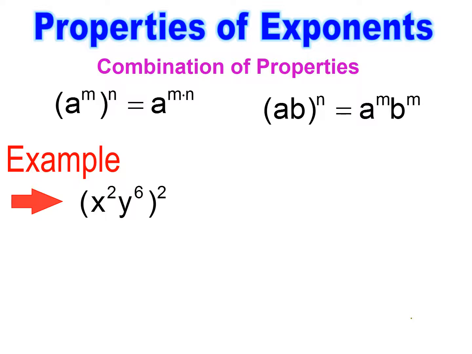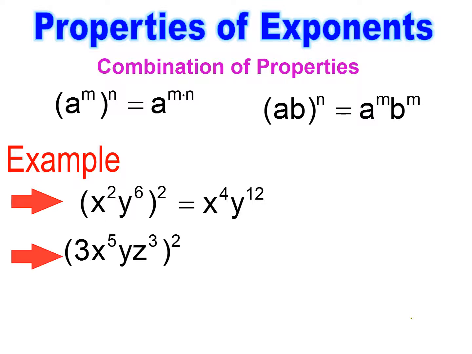So this x squared y to the 6 raised to the 2nd power, when I simplify, I end up getting x to the 4th power, y to the 12th power. That power on the outside gets multiplied to the powers inside.